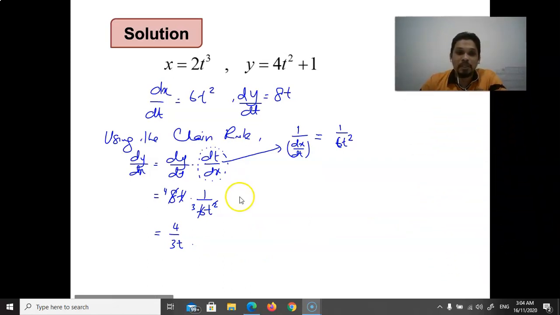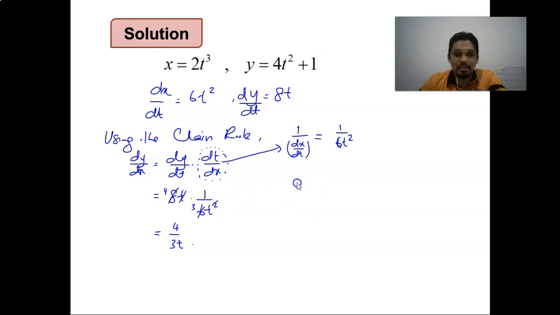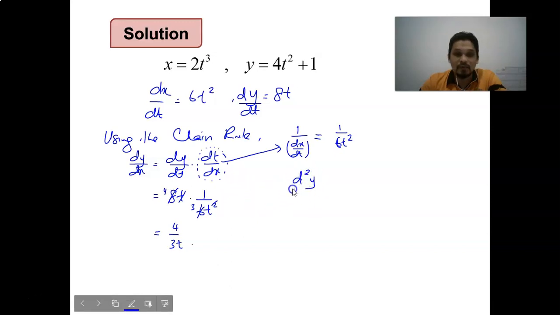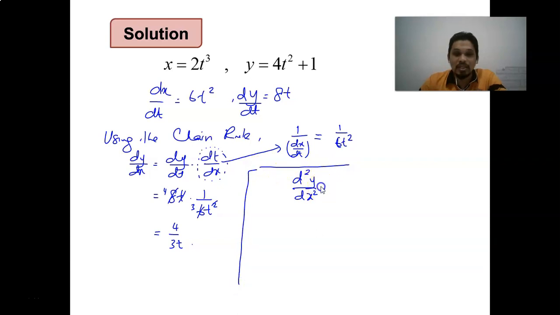Now, to find the second derivative of y with respect to x, we derive the function of dy/dx with respect to t.